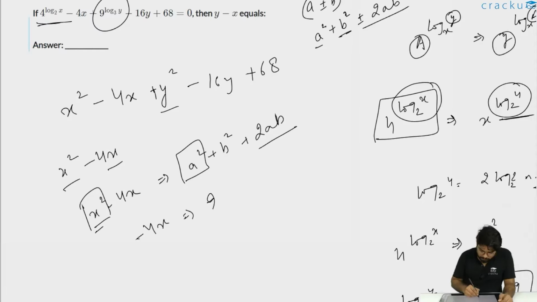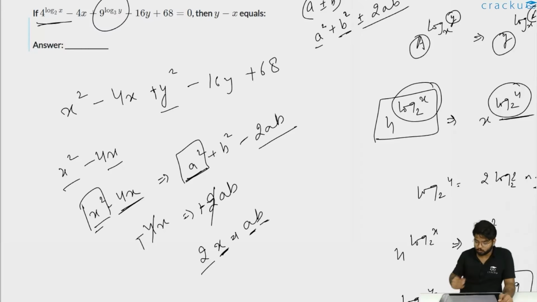This has to be minus 2ab because the coefficient of x is negative. So this will be minus 4. The negatives can be cancelled out. So I have 2x is equal to ab. I know that a is equal to x. So b has to be equal to 2.